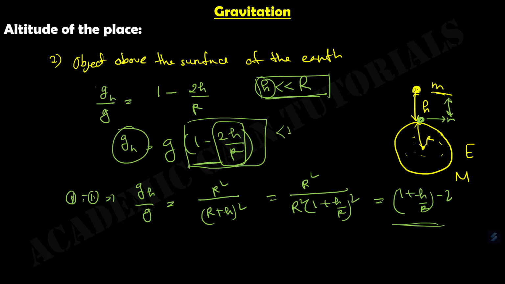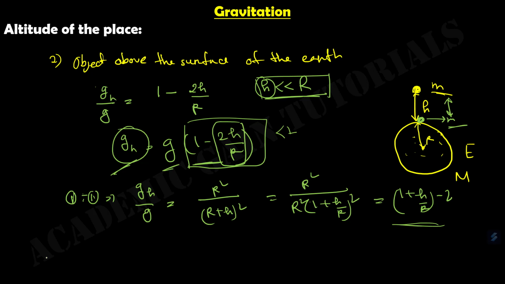If I multiply something with less than 1, then I will get a smaller value. So we find that when the body is on the surface of our earth, and when we take the body at a distance of h above the surface of the earth, then its gravitational acceleration will be lesser, or we can say it will decrease.